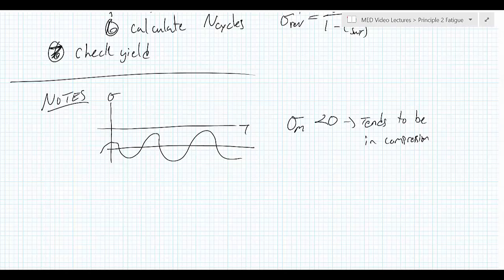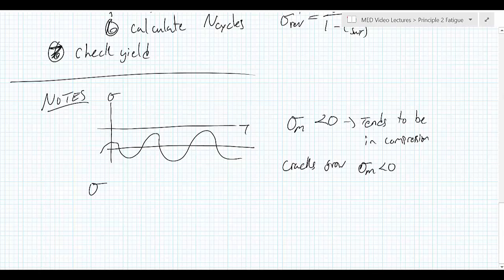And if that's the case, then because it tends to be in compression, it tends to not allow cracks to grow. So if cracks are not growing due to sigma M being less than 0, we want to get rid of it out of our fatigue equation.